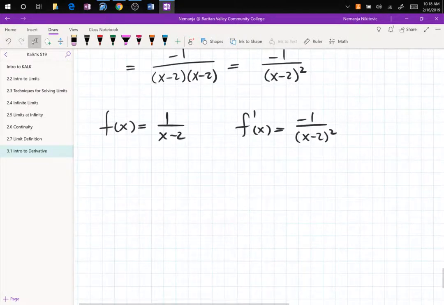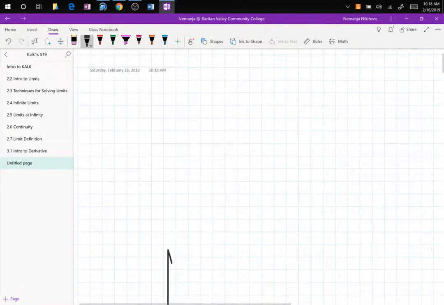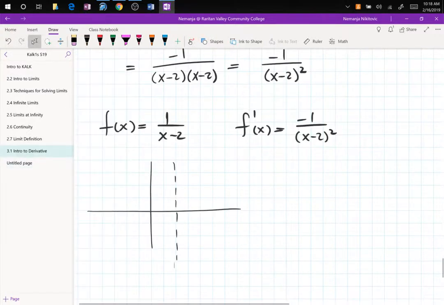Now, even though it's coming up in the next lecture, if you draw this function, you know that there is a vertical asymptote at 2, and then you just draw, wait, what just happened? Oh, I created a new page.